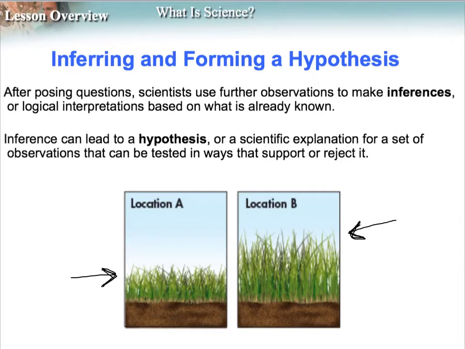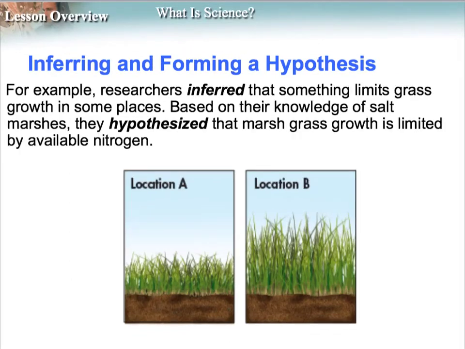We know that the grass is taller at location B, so we can infer that something in that location is making that grass taller than the other location. So from that inference, we can then begin to develop our hypothesis or our educated guess about why location B is growing taller than location A.